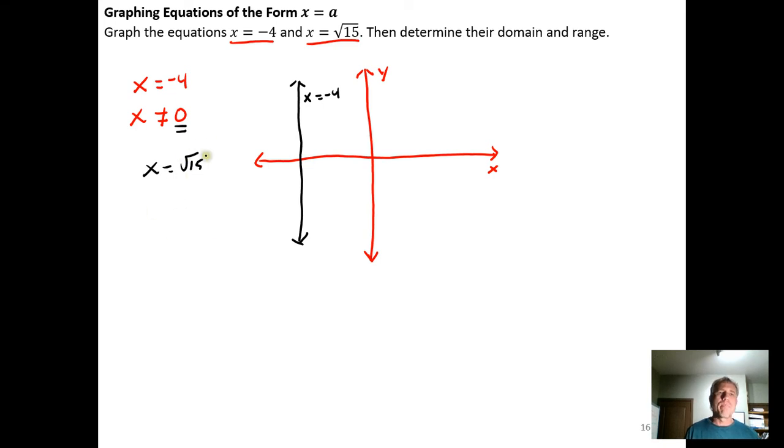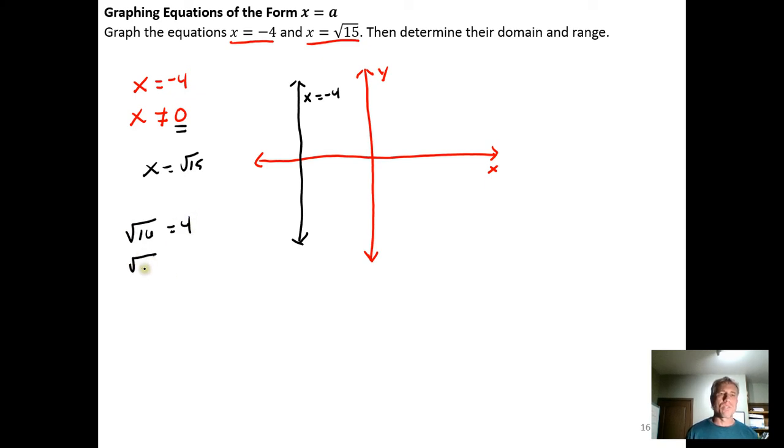And then what I want to think about is what does the square root of 15 look like as an approximation? Well, if we had the square root of 16, we know that would be equal to 4. So the square root of 15, which is just a little bit smaller than the square root of 16, has to be a number that's close to 4.